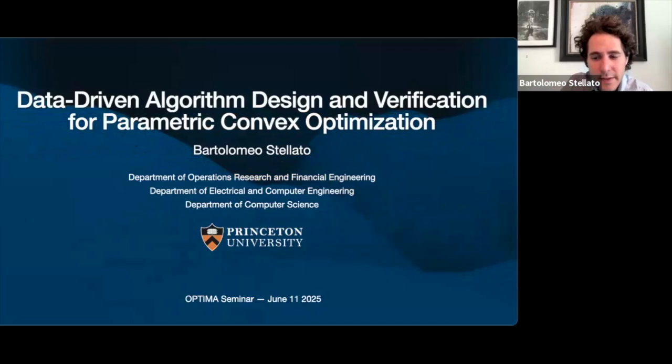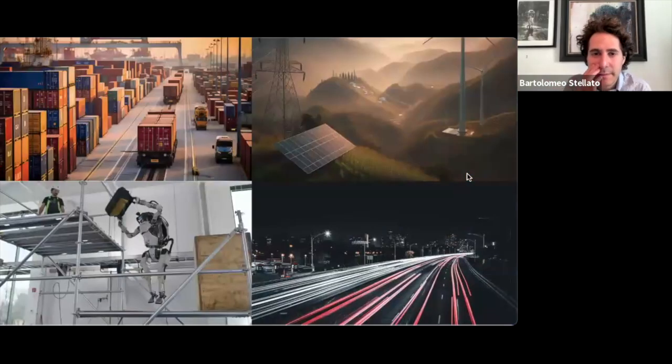So let me start with the applications that I'm actually interested in my work. There are many areas, for example, from logistics to energy, but also robotics, transportation, where we rely on a very dynamic and fast-changing environment.